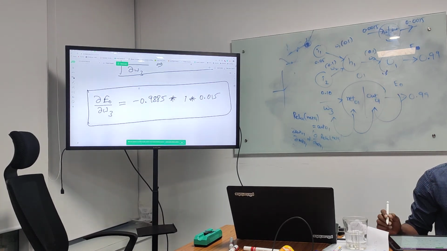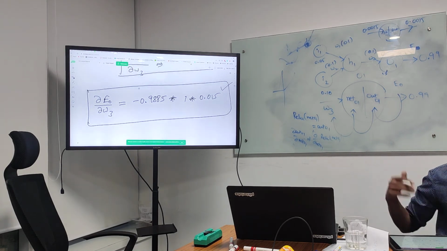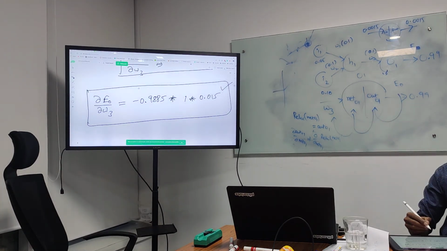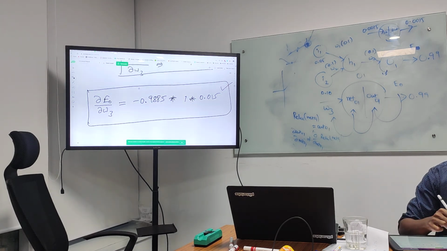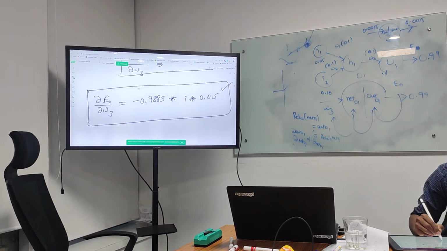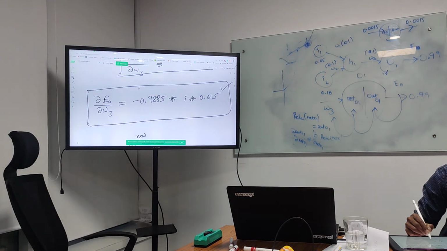Right? So, if you multiply this, you get a negative number. And we have discussed earlier that the formula was, what was it? So now new W3 equals, क्या हो?